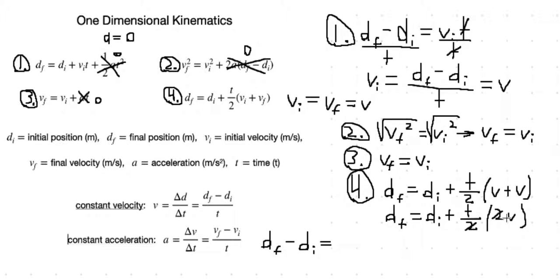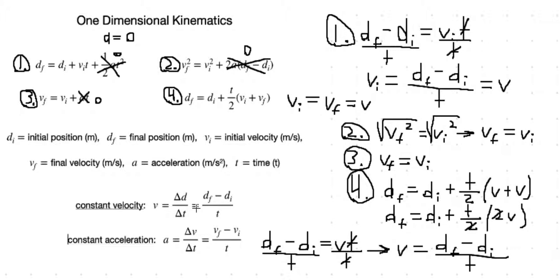And then we just have vt on the right-hand side. And now we'll divide both sides by t. So the t's cancel here. And then we just have v is equal to df minus di over t. So this gives us the same form as the constant velocity equation.